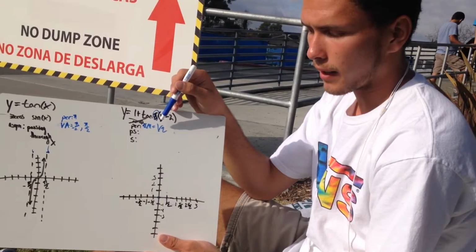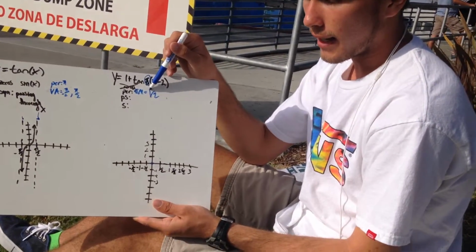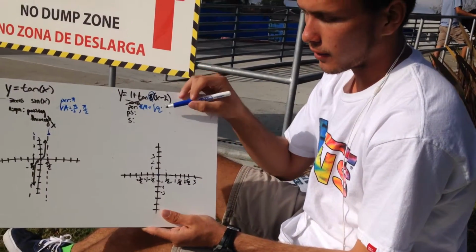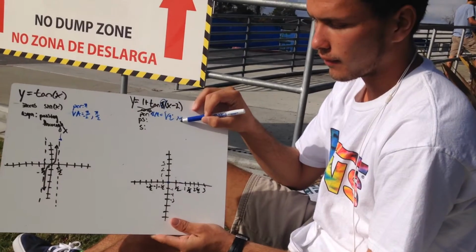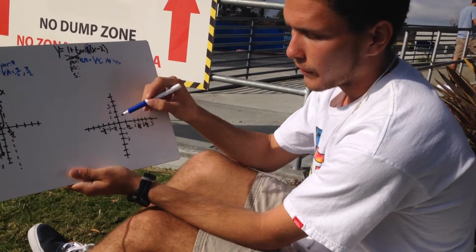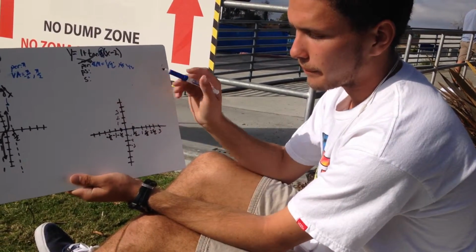So pi divided by pi equals 1. Now, since it's 2 sections, we divide that 1 by 2, which gives us 1/2 for each section. So it's going to be negative 1/2 and positive 1/2. So these are where our zeros are supposed to be.